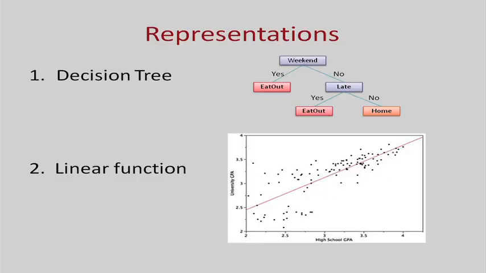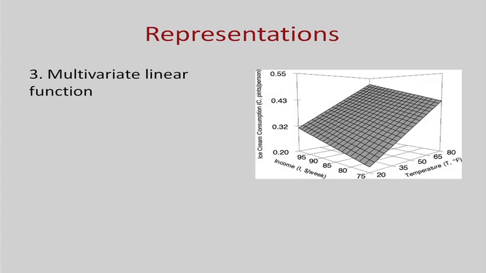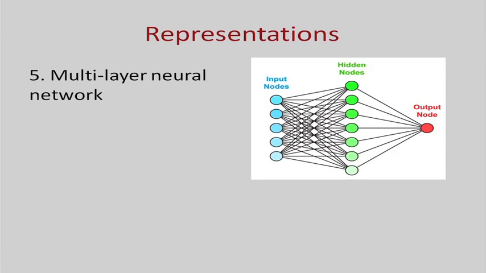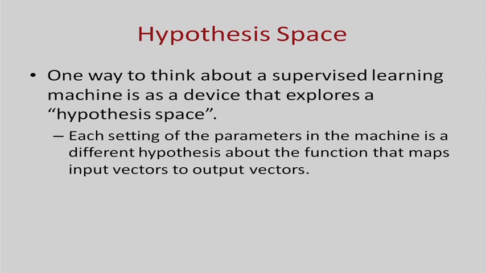It can be a decision tree, which we will talk about in week 2, or it can be other functions like multivariate linear function as shown in the picture, or single layer perceptron, which is a unit of a neural network, which we will talk about later in this class. Or it can be a multi-layer neural network, which we will also cover later.